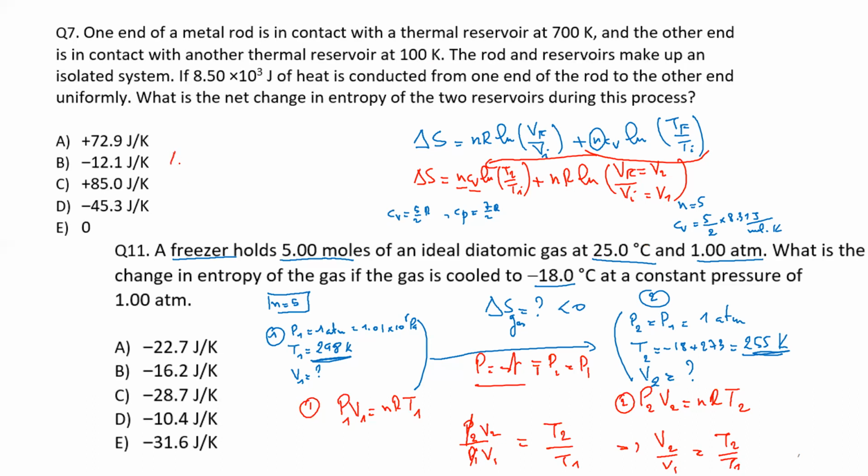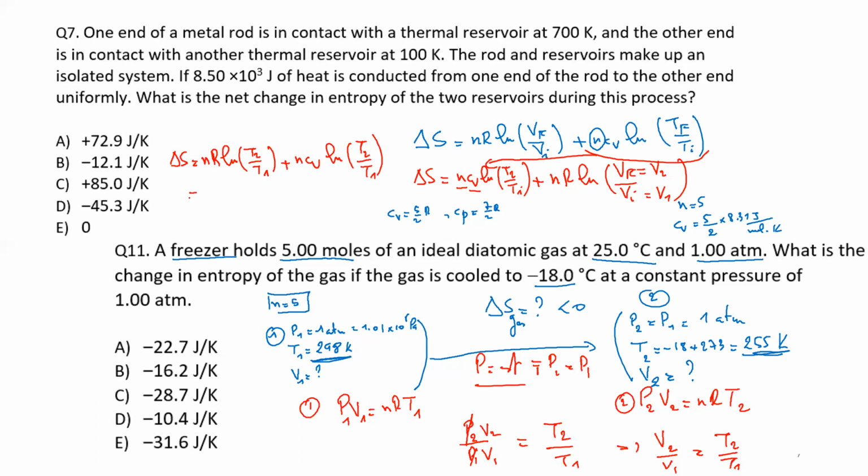So delta S will be just nR ln V2 divided by V1, which will be just T2 divided by T1, plus nCV ln T2 divided by T1.